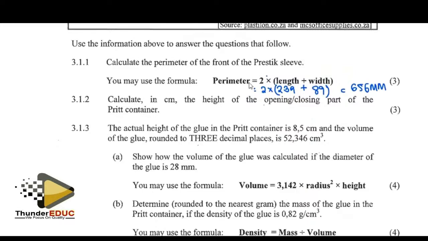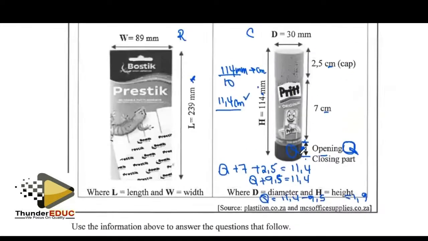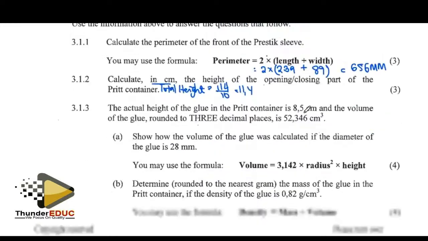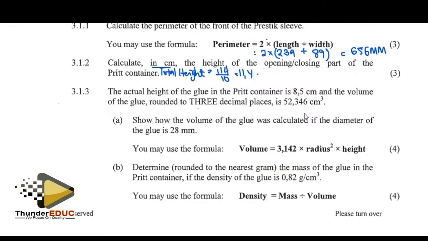We said we shall take the total height. The total height has to change to centimeters because they need my answer to be in centimeters. The total height, which is 114, we shall divide it by 10 and get 11,4. So when we add these other areas, they should give us this. When I add my unknown plus 7 plus the 2,5, I should get 11,4. Simply meaning this has to be 7 plus 2,5 plus the unknown.